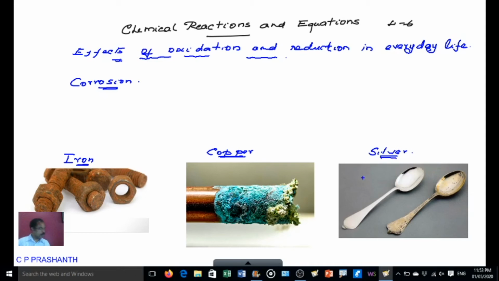Iron gets corroded because iron reacts with the substances which are present in the atmosphere, like oxygen and moisture. So when a metal is attacked by the substances present around it in the surroundings, like moisture or oxygen or acids, the process is called corrosion.